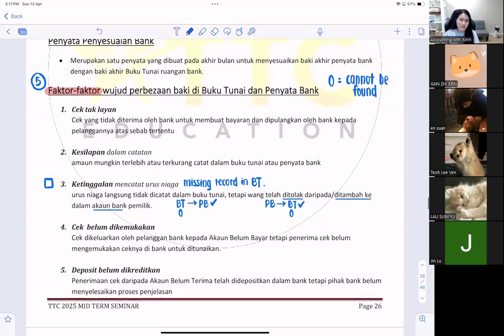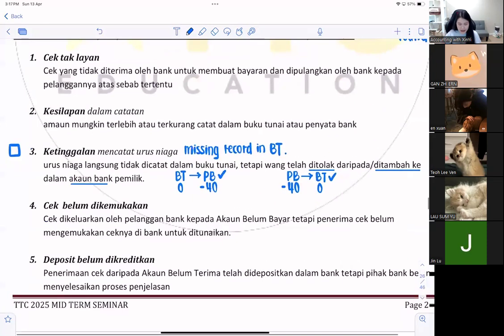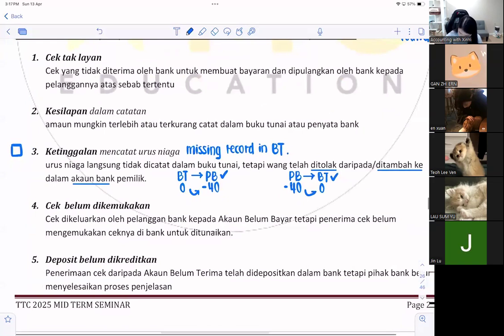And then now, in my Penyata bank, I just give you an example number: the bank has deducted my bank account by 40 ringgit. So you see, no matter which method you use, when you compare to 0, the difference will not change. It will also be 40. But what matters now is whether this 40 we should plus or minus. According to my first method and the second method, they are both saying Penyata bank is the correct version.